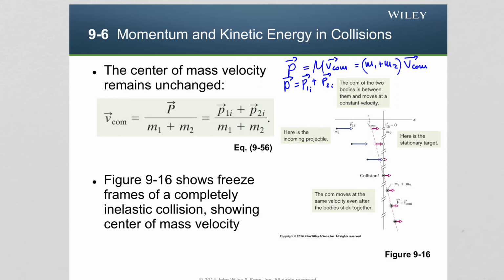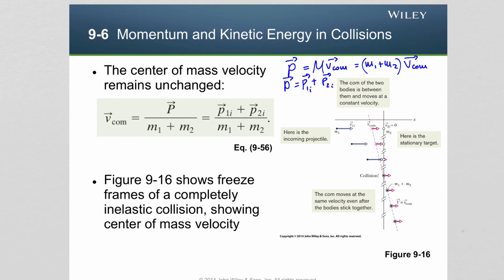Or in other words, the center of mass velocity remains unchanged in the absence of an external net force for a system of particles, even if the particles undergo collisions.